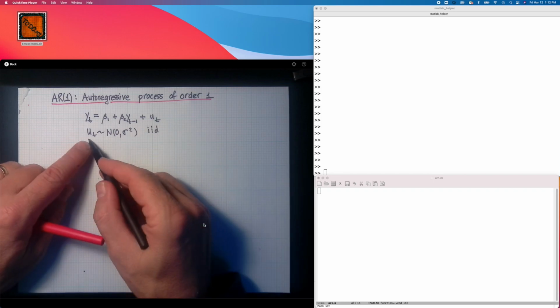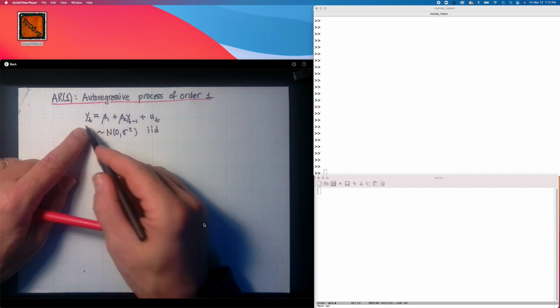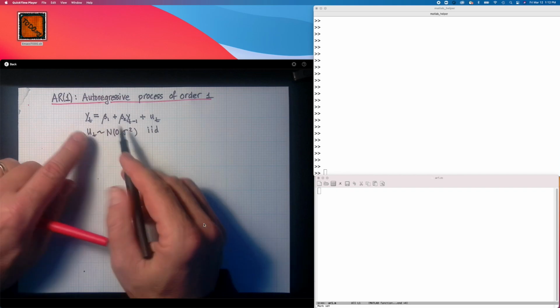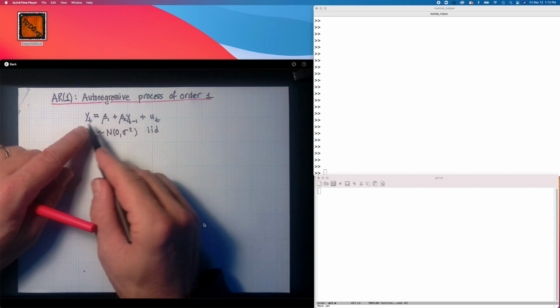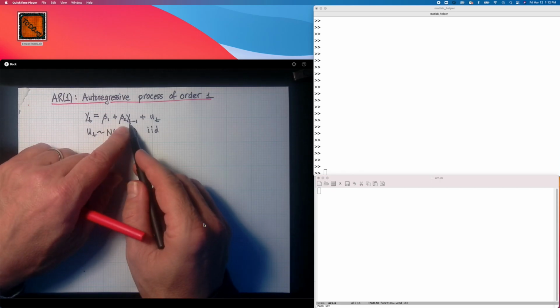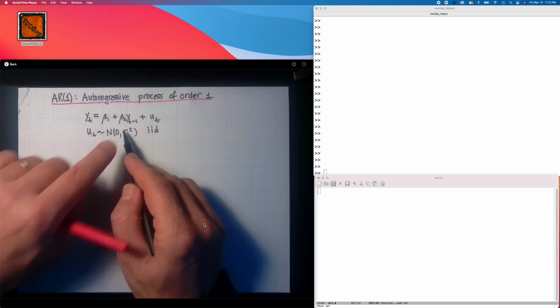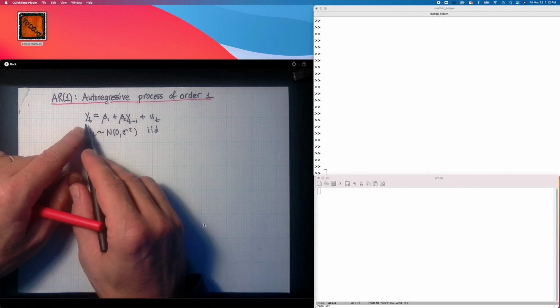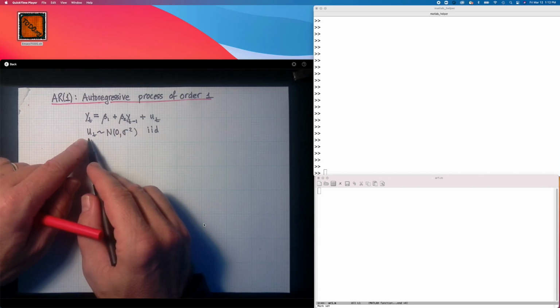So the u's are independent, but the y's, which are related to the u's, are not going to be independent because of this beta 2 coefficient that relates the value of the y at time t to its value at y t minus 1. And this beta 2 will create correlations in y that are not present in u.